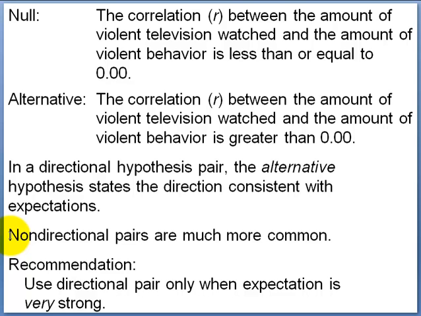So the directional pairs are traditionally reserved for those situations where there's strong expectation of direction. So much of social science research is comparatively new that it is somewhat unusual for us to have strong expectation of direction. Oftentimes we're in reasonably new areas and we don't have that strong expectation.